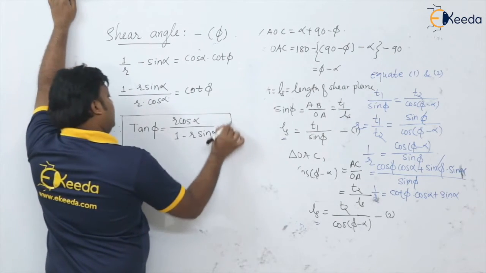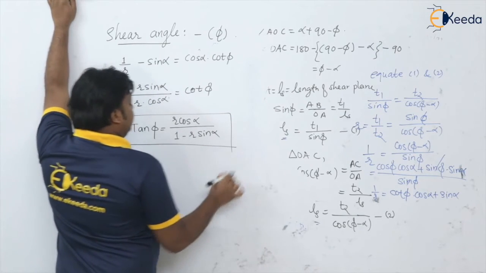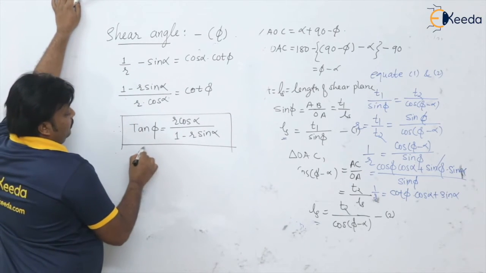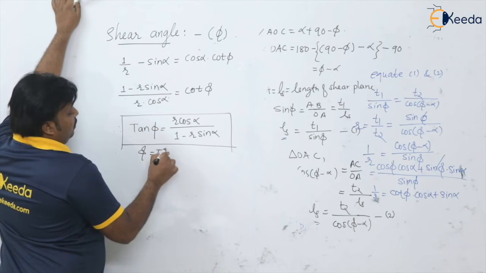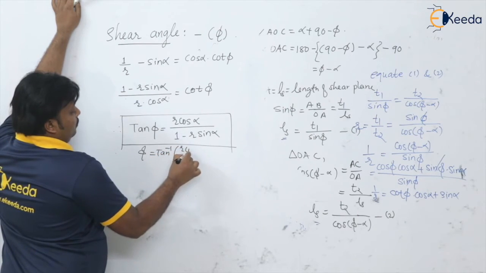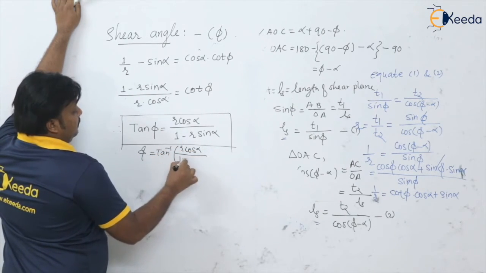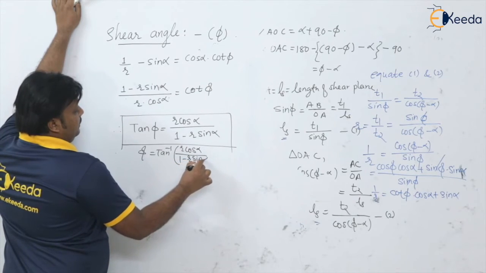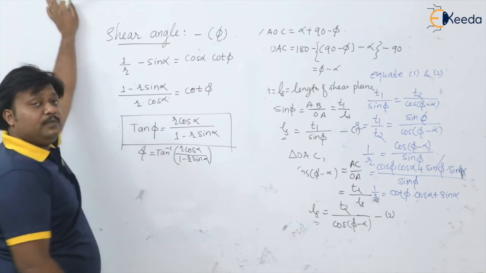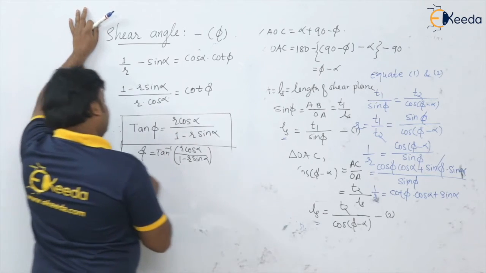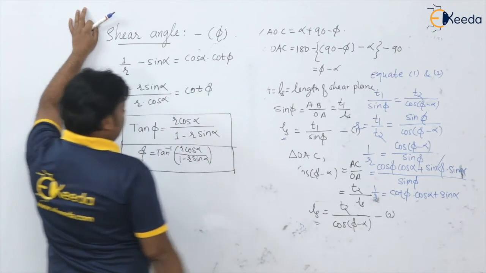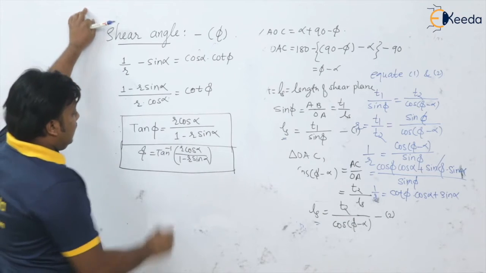Very important formula for calculating the shear angle phi. Phi is nothing but tan inverse of R cos alpha divided by 1 minus R sin alpha. Very important formula. Please remember it for the shear angle phi, where R is our chip thickness ratio, and alpha is our rake angle.